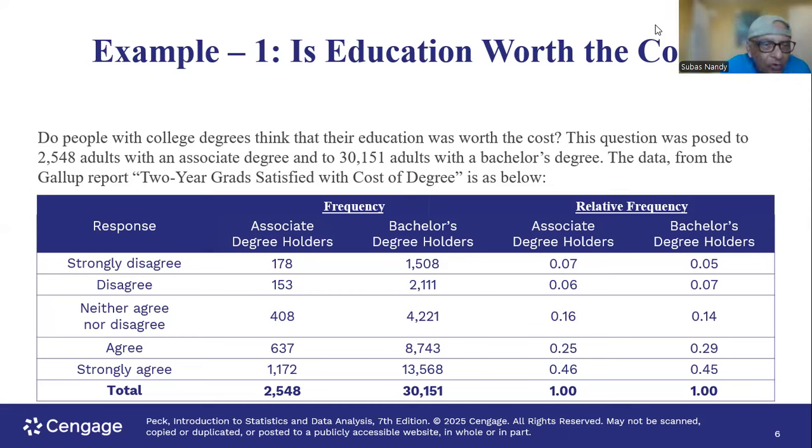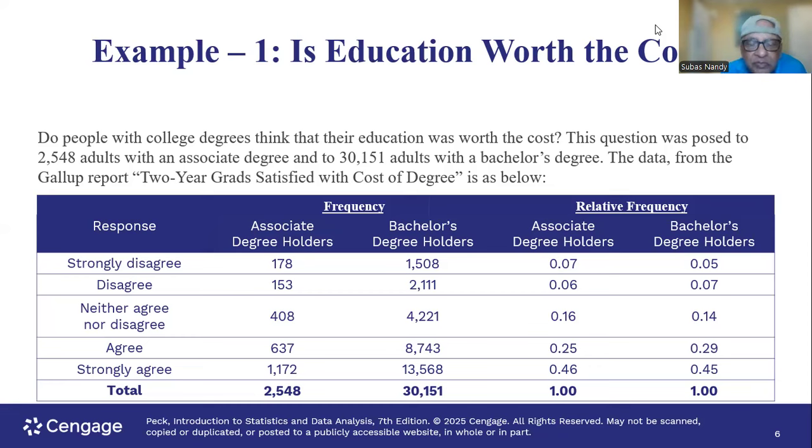Okay, so there are five categories of response. On the rows, it starts with strongly disagree, then disagree, neither agree nor disagree, agree, and strongly agree. So this is in the first column.